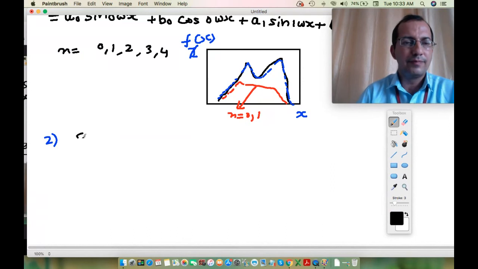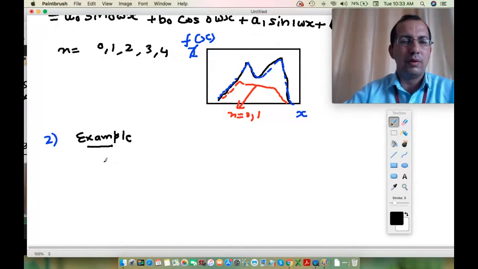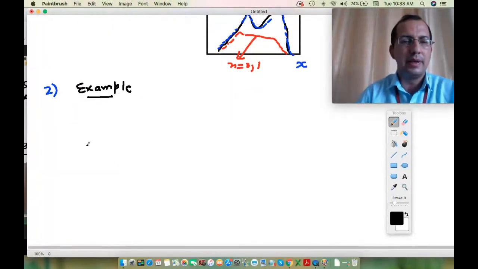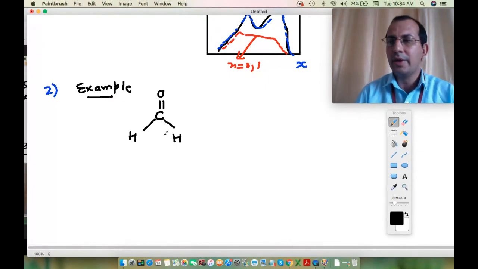I would like to take an example of the formaldehyde molecule. What is the formaldehyde molecule? This is C double bond O, and here you have H, and here you have H. This is a molecule which we would like to understand with the help of FTIR.